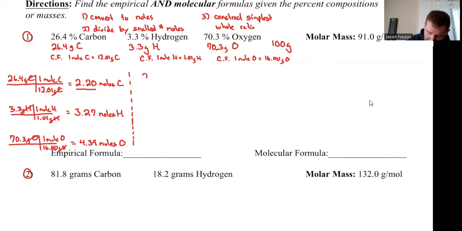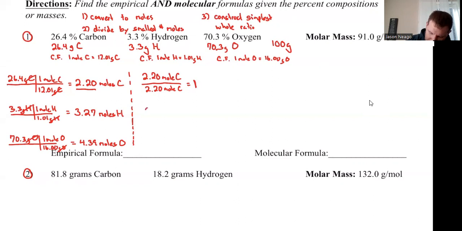So I'm going to take 2.20 moles of carbon and divide it by my lowest number, which is 2.20 moles of carbon. 2.20 divided by 2.20 gives me 1, which makes sense. I should have a 1-to-1 ratio of carbon, since carbon is the lowest number. Some people will skip this step. I like to do it just to make sure that I'm good on everything.